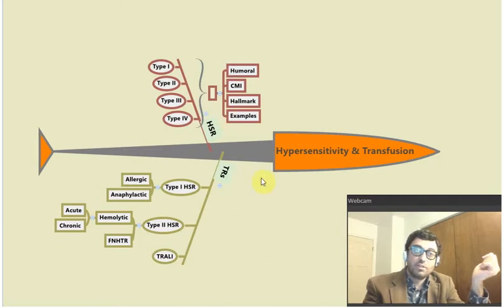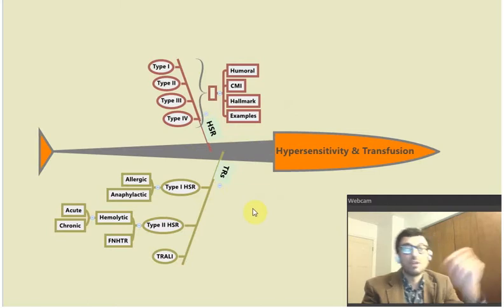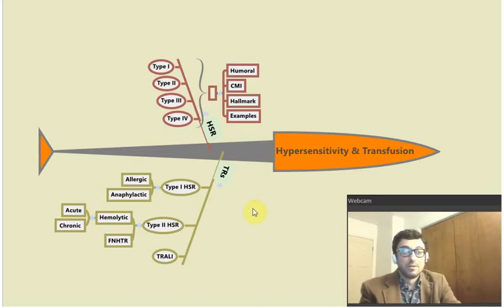Couple final points, and that is, if you are suspicious of hemolysis, what tests do you order? Tests of hemolysis including checking the levels of haptoglobin, lactate dehydrogenase, and indirect bilirubin, as well as direct Coombs or antiglobulin test.